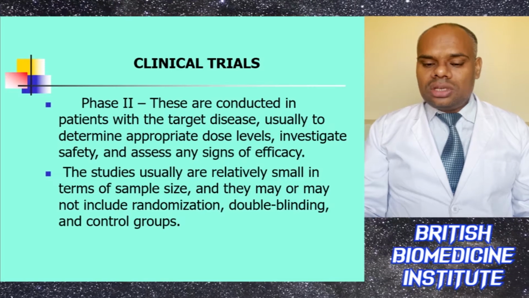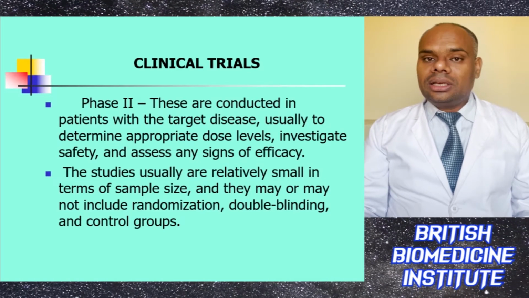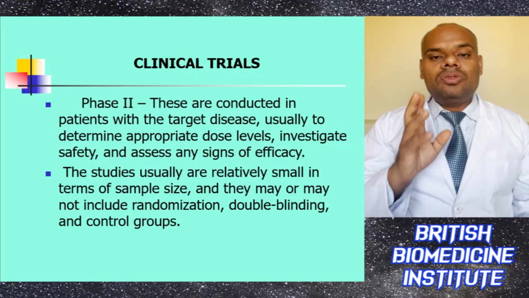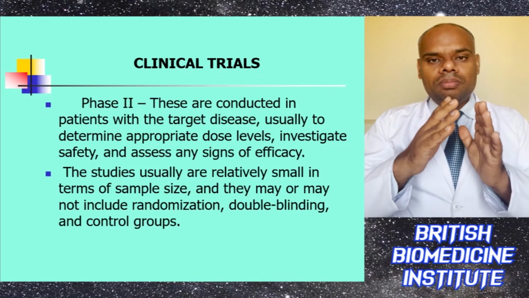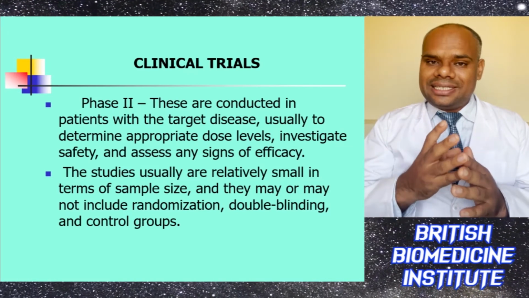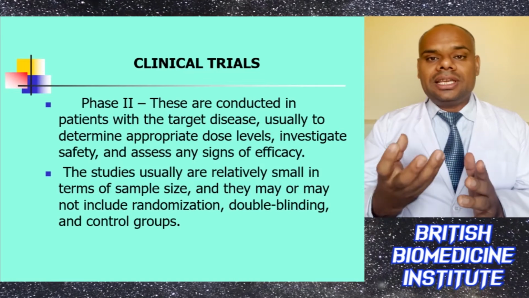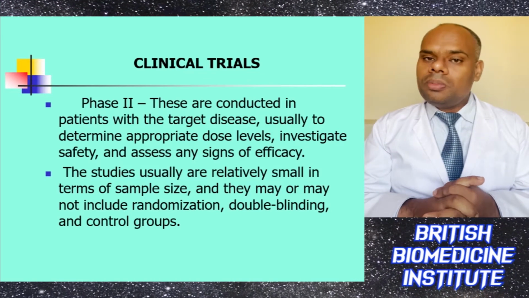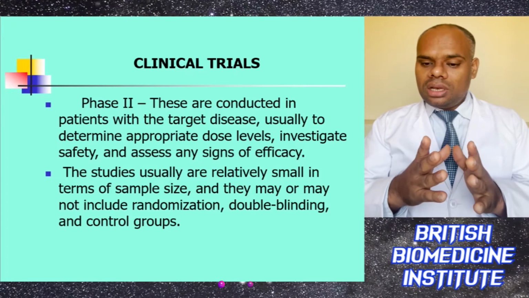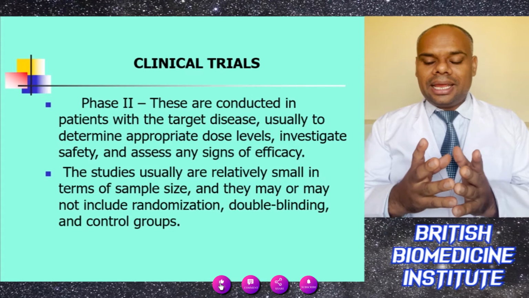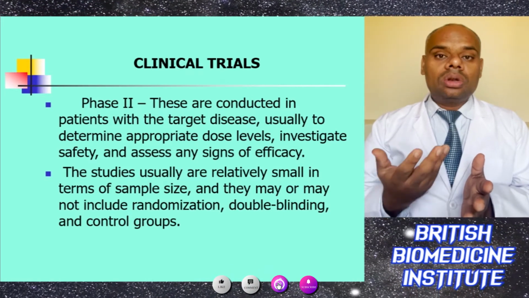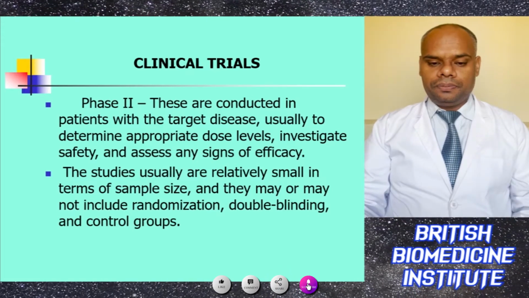Whereas phase 2 is basically conducted in the targeted diseased patients only, where we want to check the maximum tolerable dose or minimum tolerable dose, and we also investigate safety and efficacy of the new medicine. The studies usually are relatively small in terms of sample size, and they may or may not be randomized or double blinded or controlled grouped.